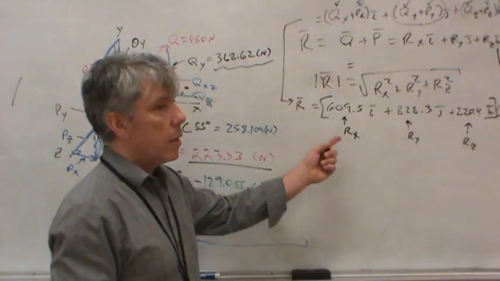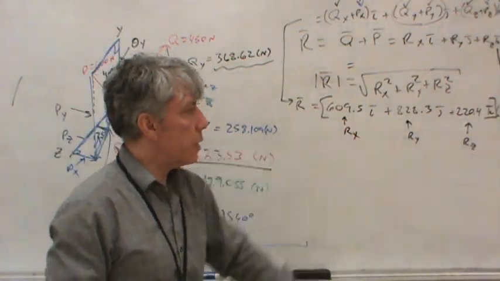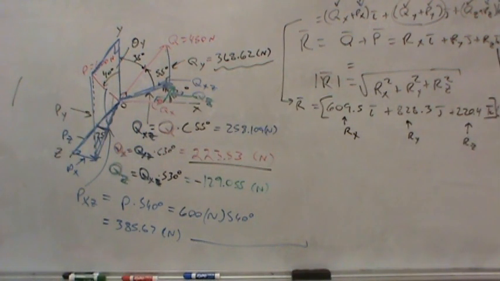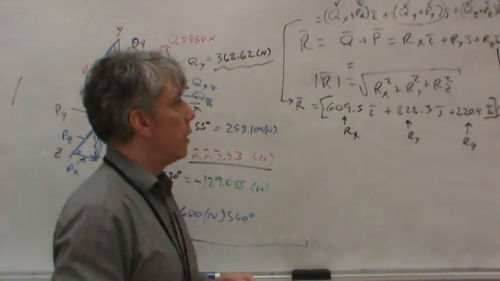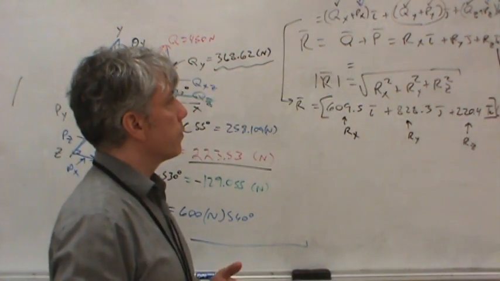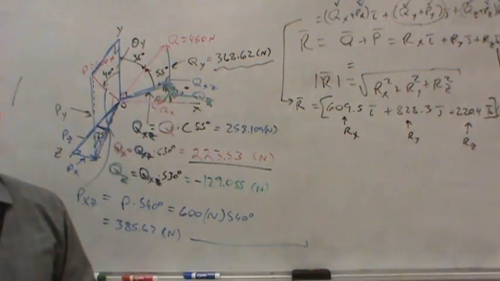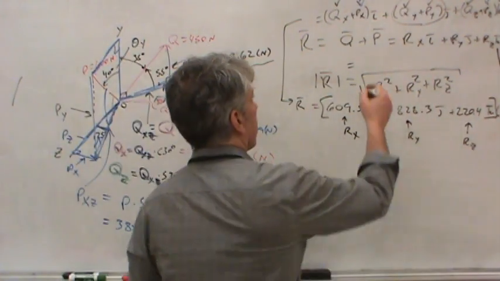All of those combined. So 609.5 squared plus 828.3 squared plus 220.4 squared, square root is how much? 1658.2.